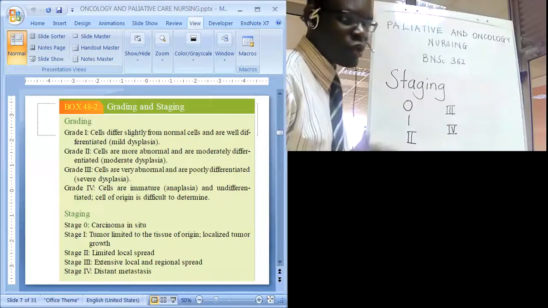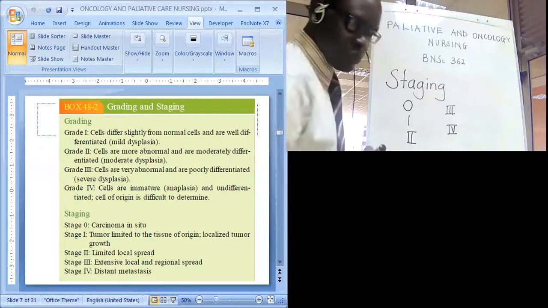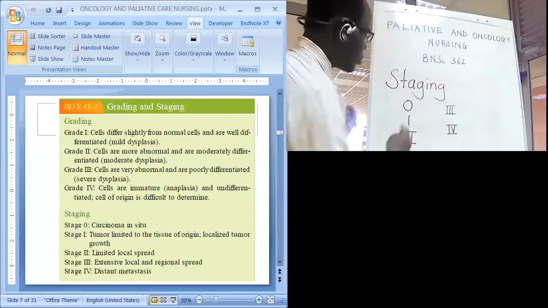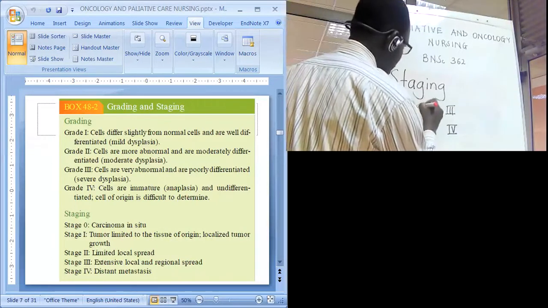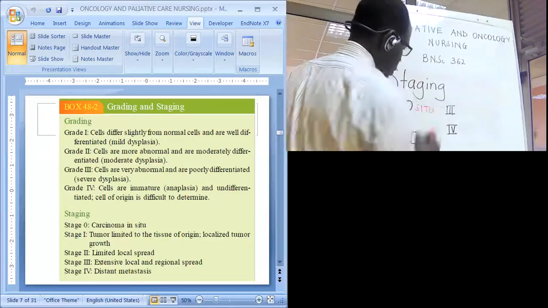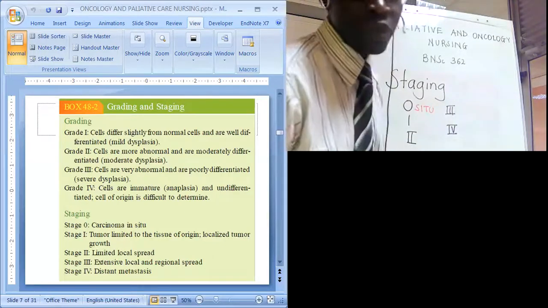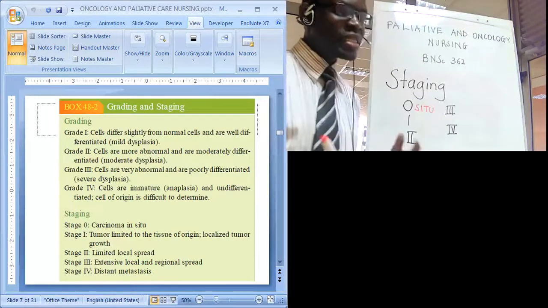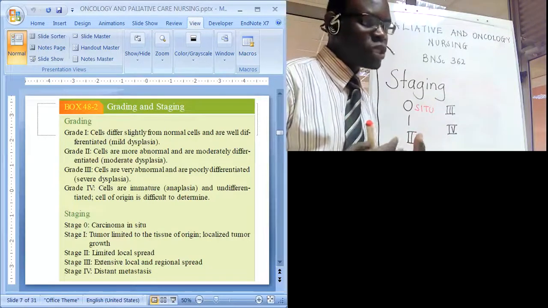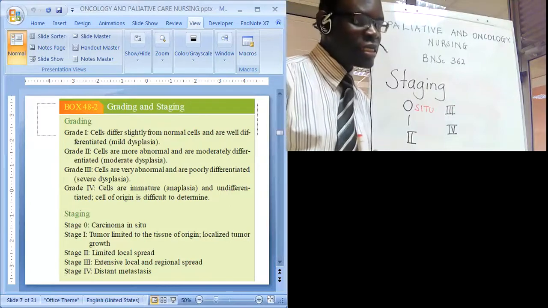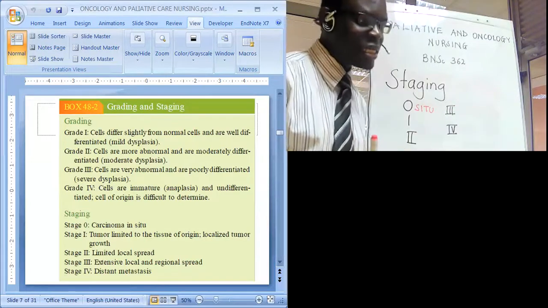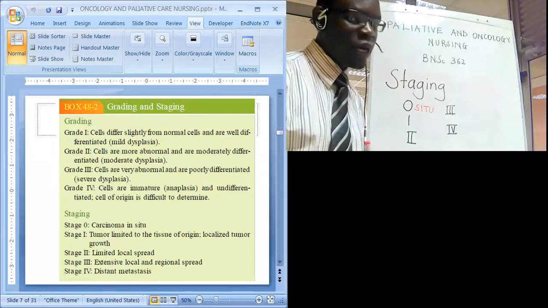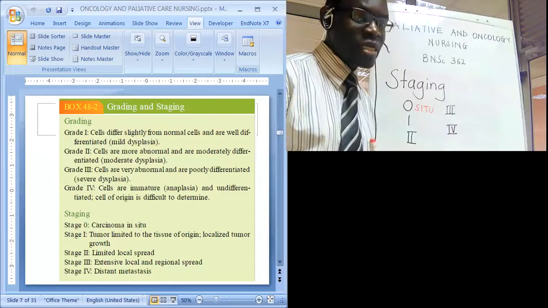With stage 0, it means that the carcinoma is in situ. In other words, it is still located where it originated. Now with stage 1, we are saying that it is limited to the tissue of origin, and it is localized within where it was.